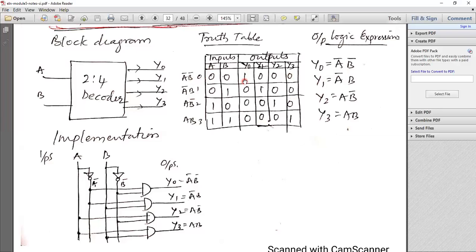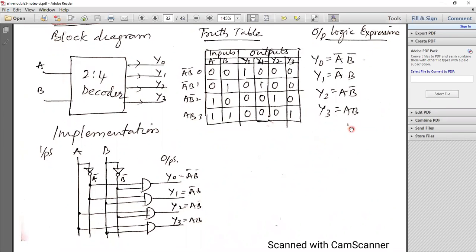When Y0 equals 1, the combination of inputs is A bar B bar. Similarly, for getting Y1 high, we should take A bar B. For Y2, we should take A B bar. For getting Y3 high, we should take A B. That is what is written here.